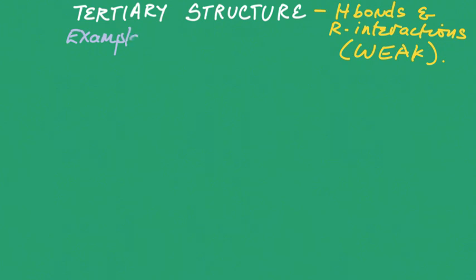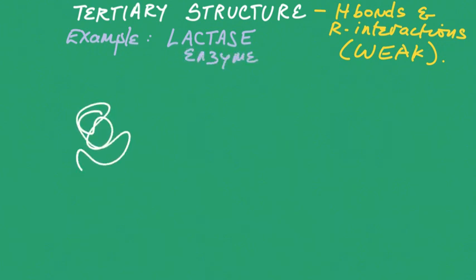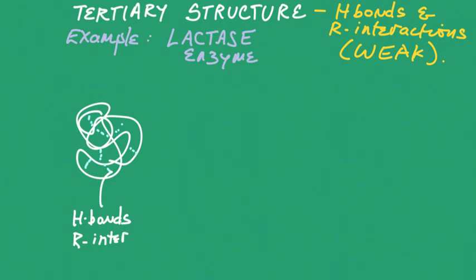Let's take the example of lactase. Lactase is an enzyme that speeds up the reaction of breaking down lactose into glucose and galactose. Lactase has a very specific shape, and if this shape is lost, it loses its function. This shape is maintained by, again, the hydrogen bonds and the R interactions.